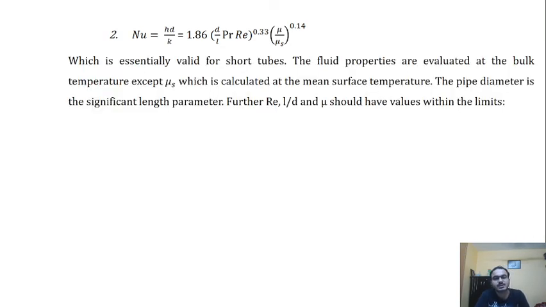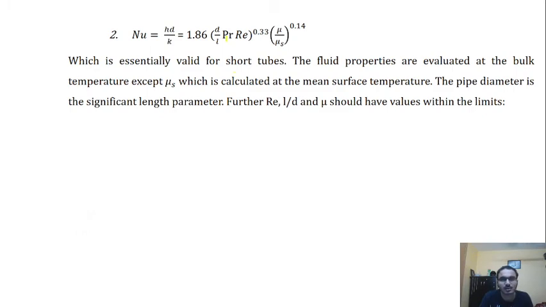And the second case is Nusselt number given by this another formula, which is also an empirical correlation, which is essentially only valid for short tubes. The previous correlation was for longer tubes. The fluid properties here are evaluated at bulk temperature except μs.